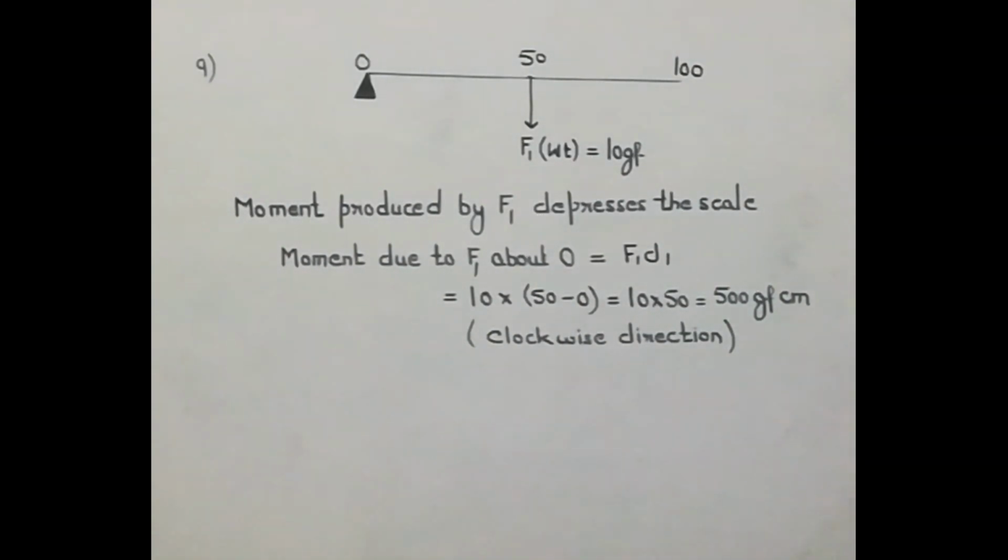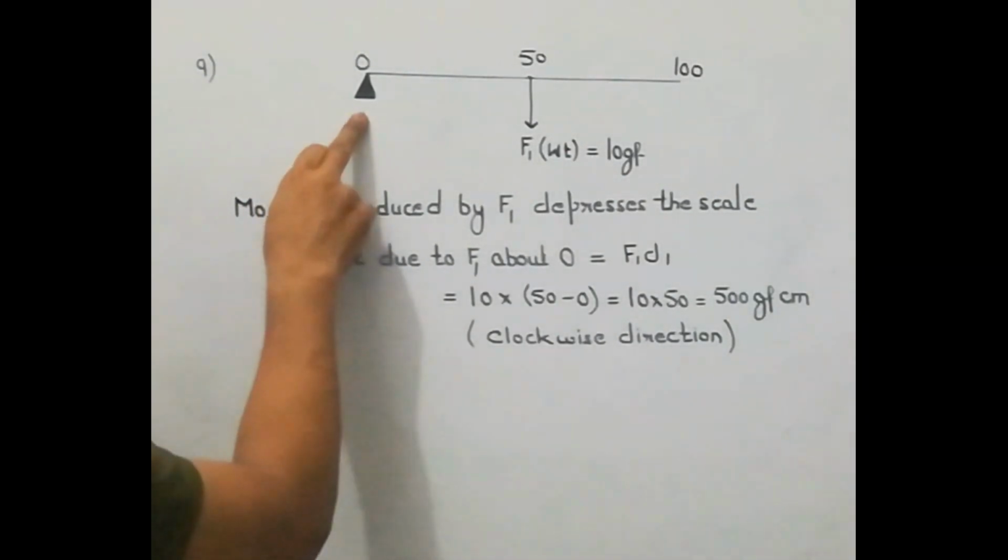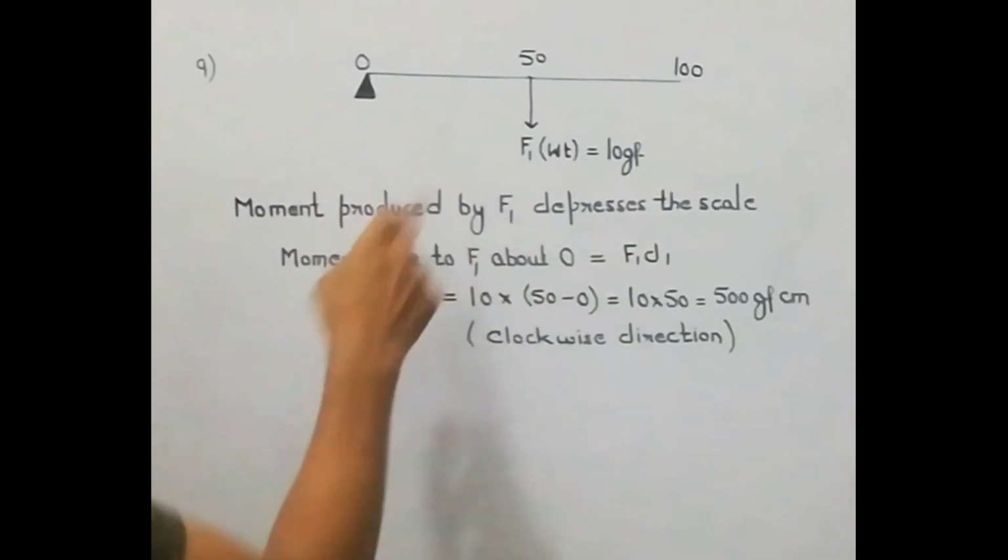Now remember here the word least. The question says you have to apply the least force. Now we know that for least force, distance should be maximum from the point of rotation. This point you have to keep in mind. For least force, distance from point of rotation should be maximum.